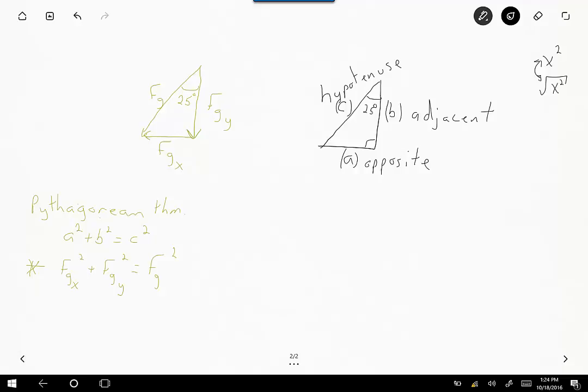When we're talking about functions in trigonometry, we have similar situations. The first one is called the sine function. You take the sine of an angle, just like you take the square root of a number. Sine theta, theta being the angle, is by definition the opposite over the hypotenuse.